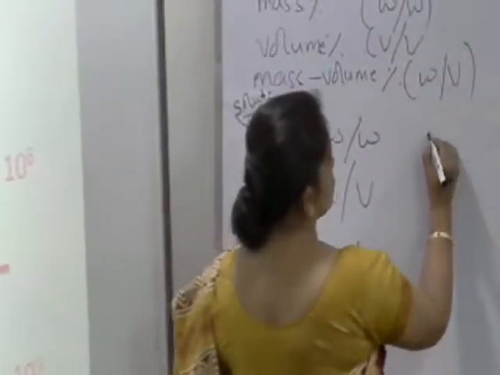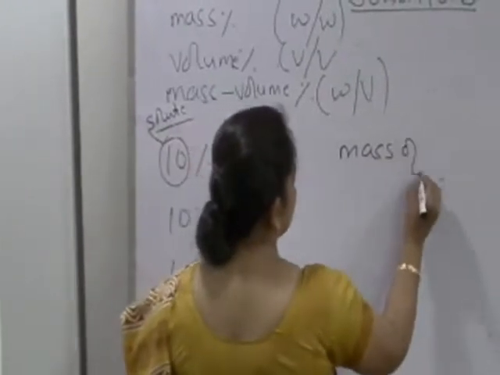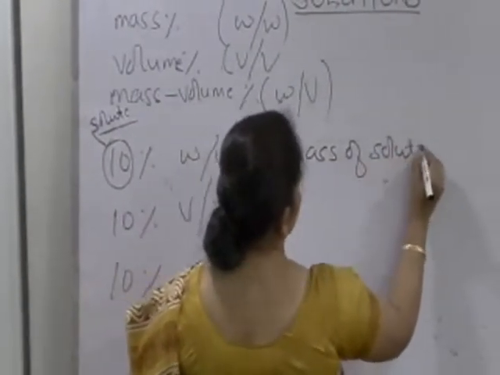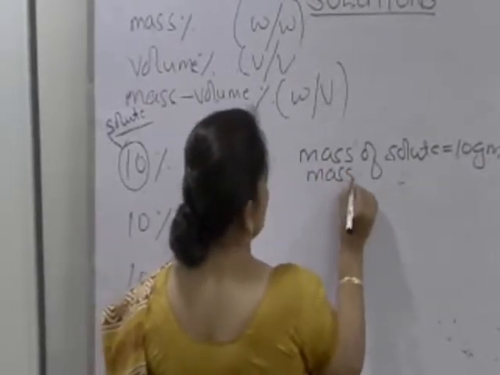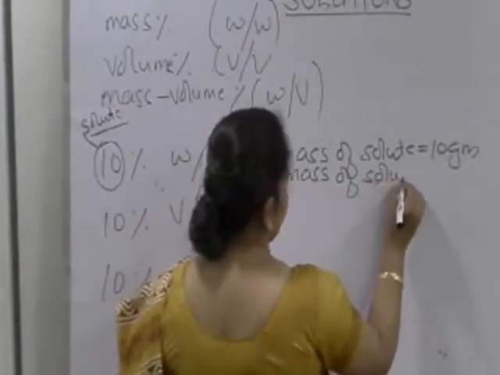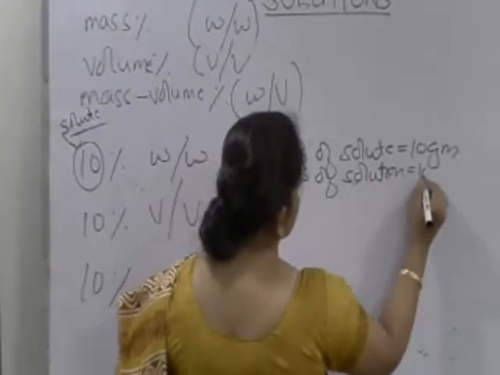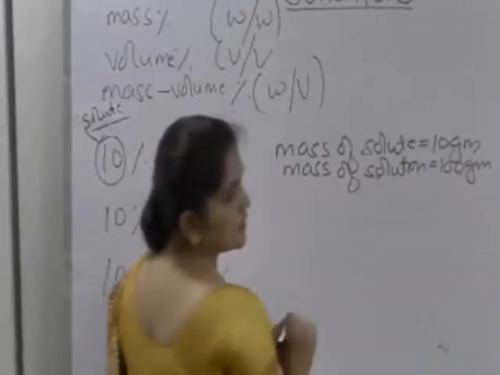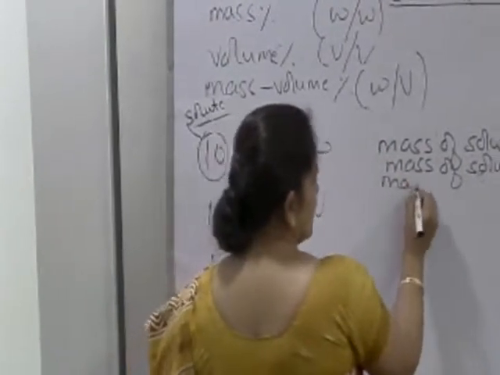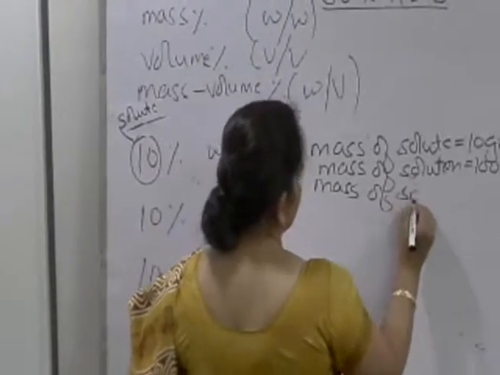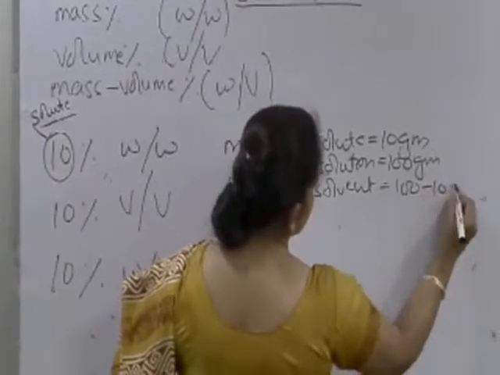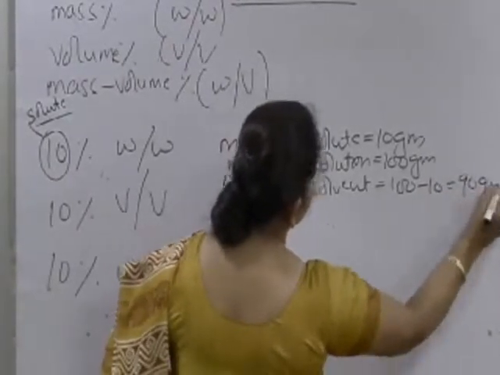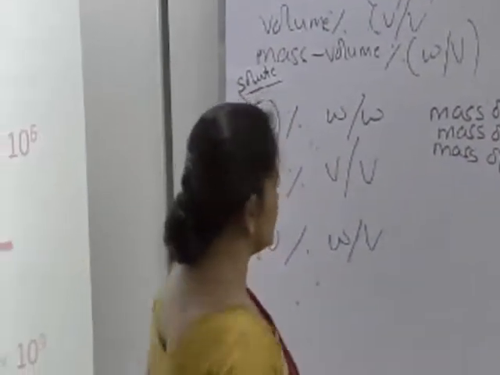Hence you can interpret it as mass of solute is 10 gram, whereas the mass of solution is 100 grams. So the mass of solvent will automatically be 100 minus 10, that is 90 gram. And then you can proceed for the various numericals.